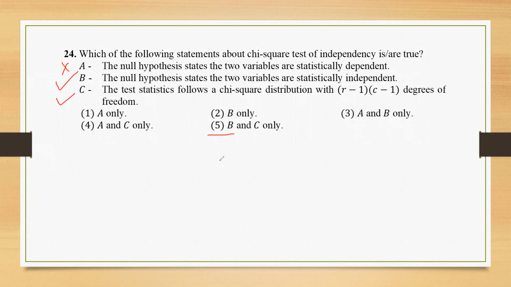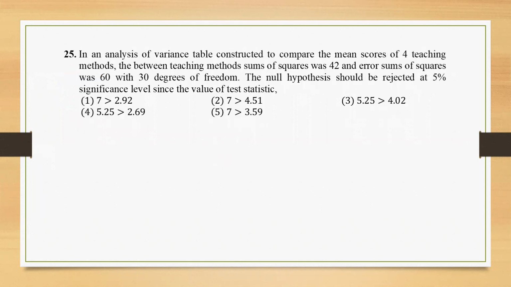So the last question in the model paper that we are discussing, let's see. Most probably it is related to ANOVA. Yes, it is about ANOVA, which means analysis of variance.